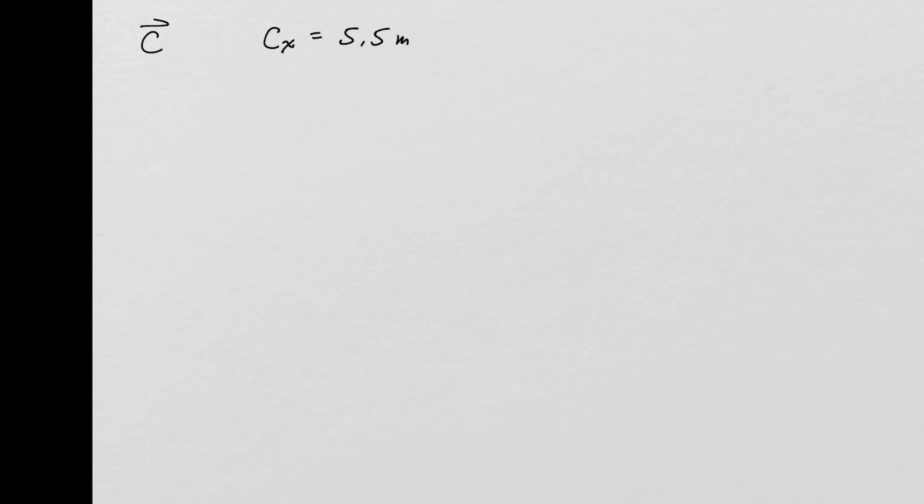Let's say it's like a displacement or something. And let's say Cy is -4 meters. So I'm giving you the x and y components. And what we want to do is find the magnitude of C and the direction. And I'll assume the direction is measured from the positive x counterclockwise, all the way around.